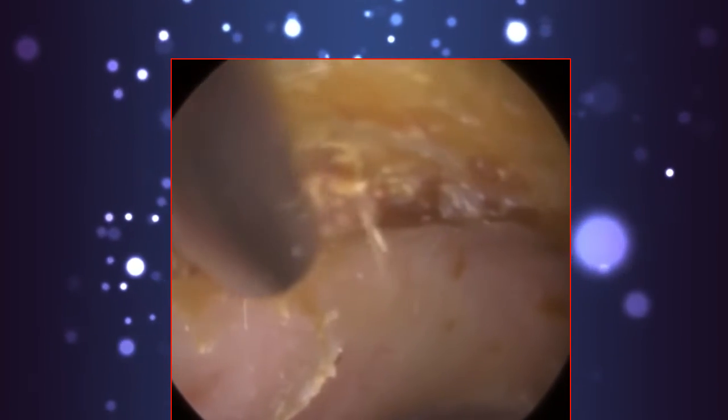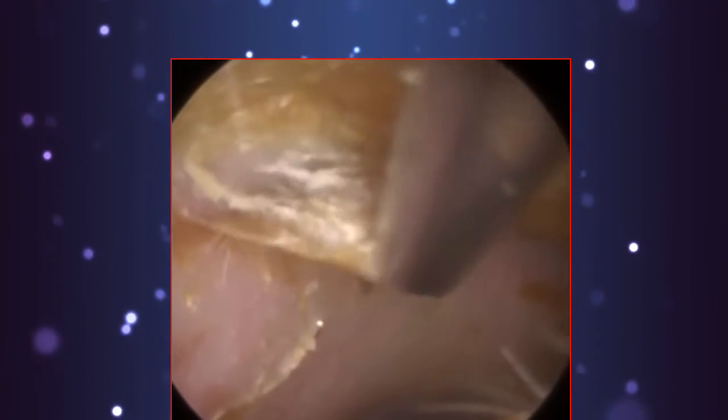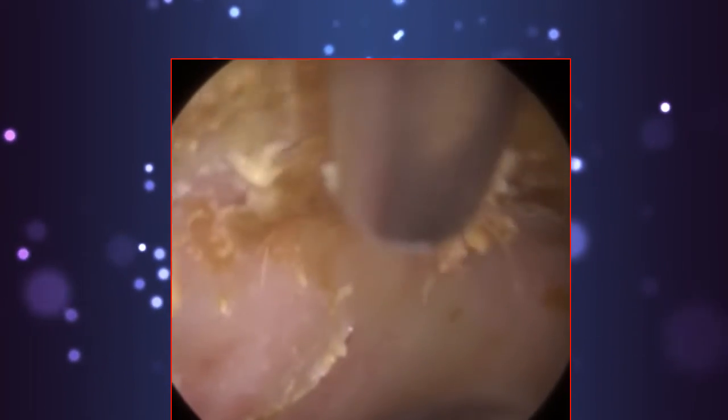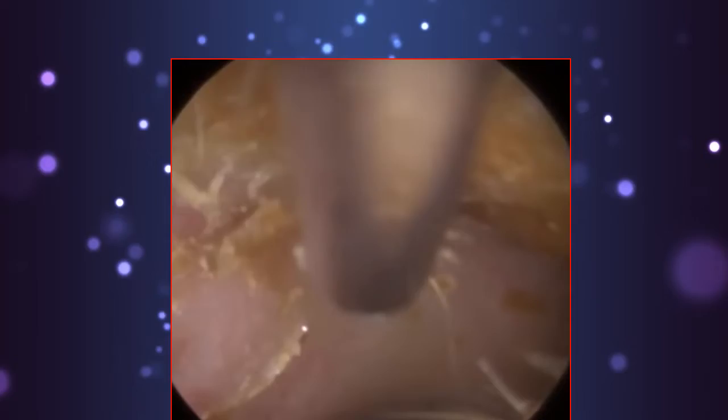cases of otitis externa. It's known as necrotizing or malignant otitis externa. It's more common amongst the elderly, those who are immunocompromised, diabetic.